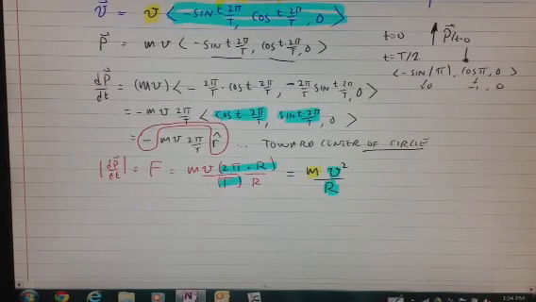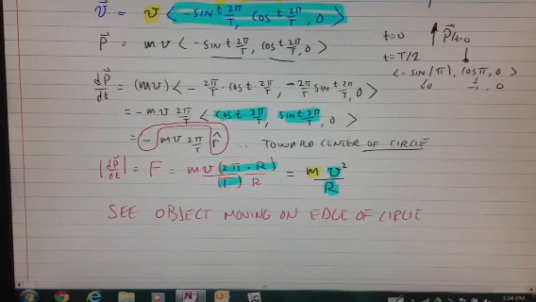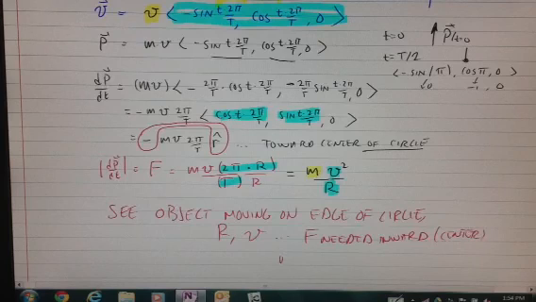So we can deduce that when you see an object moving on the edge of a circle with a radius r and a velocity v, the force that's needed points inward towards the center of the circle and has a magnitude mv squared divided by r.